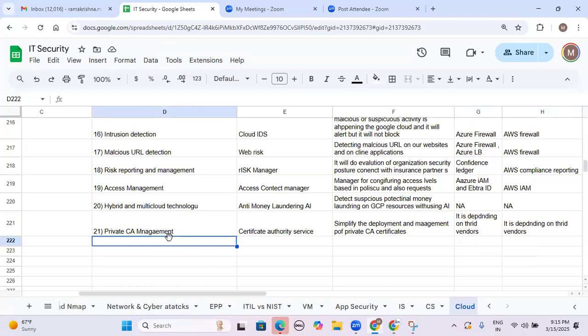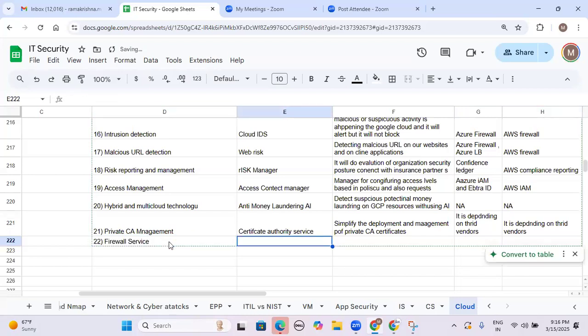Next one is firewall service. So this one we can call a cloud firewall on the Google side. You know already what a firewall will do. Several times we discussed.